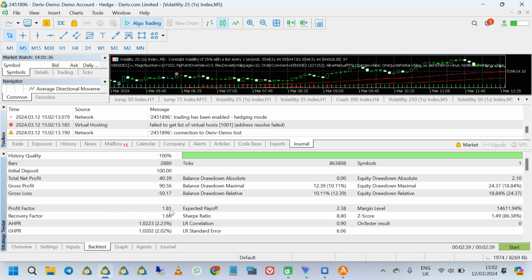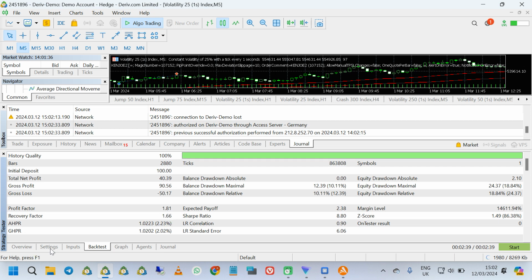Now the profit factor is almost 2, so it means it's relatively very great on volatility 25, and the recovery factor is also above 1. When you have 1.66, it means that in 3 trades, 2 will surely win if he has 1 loss. I hope that is clear.